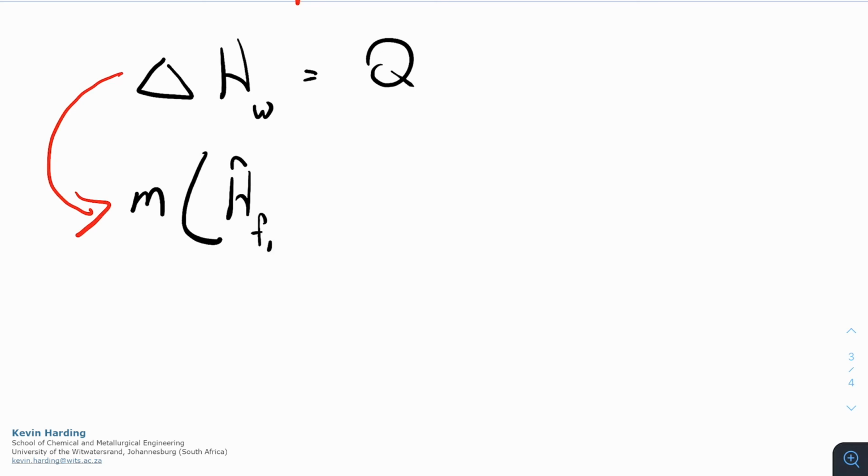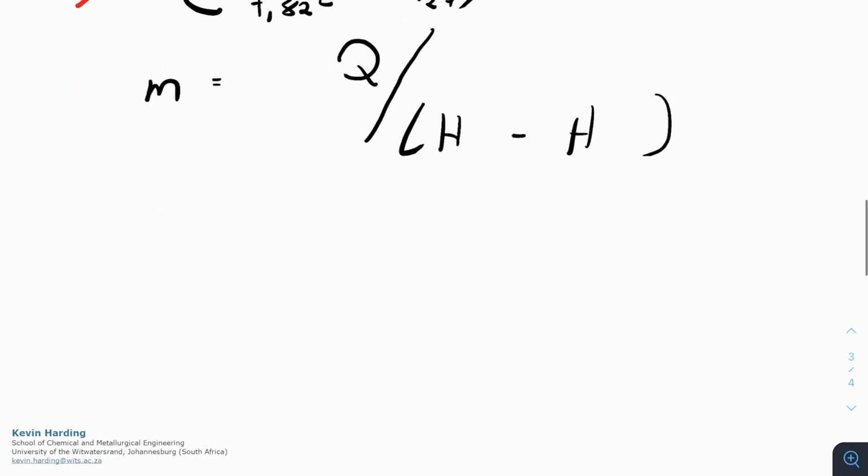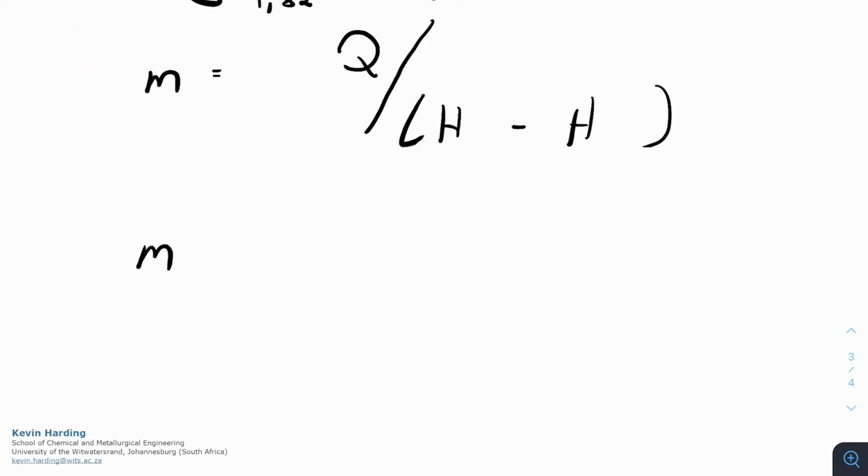It's the enthalpy of the fluid at 82 degrees Celsius minus the enthalpy of the fluid at 27 degrees Celsius, equal to the Q which we calculated earlier. So simply, m is equal to Q divided by that difference in enthalpy, which I'm not going to write out in full.